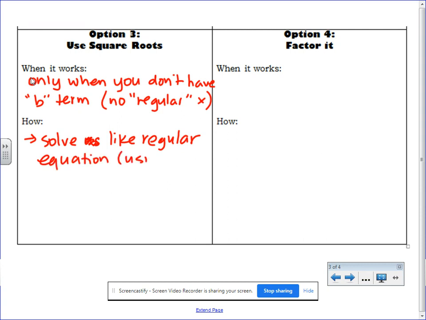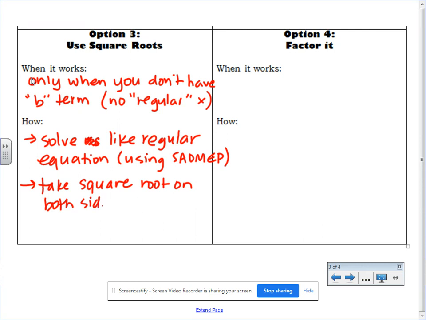That means using, say, add math, right? And then take the square root on both sides once you isolate your x squared term, so after x squared is by itself.